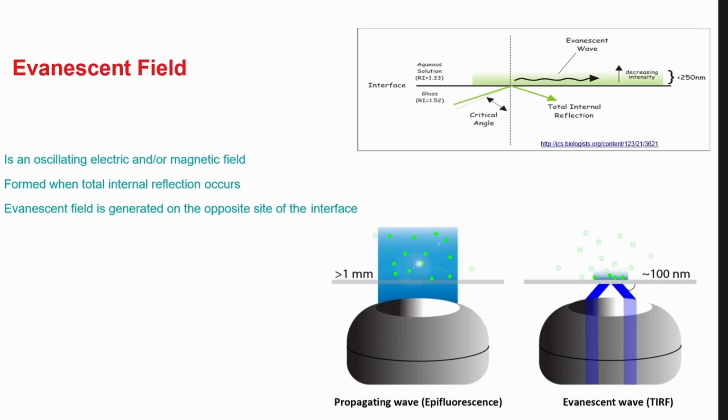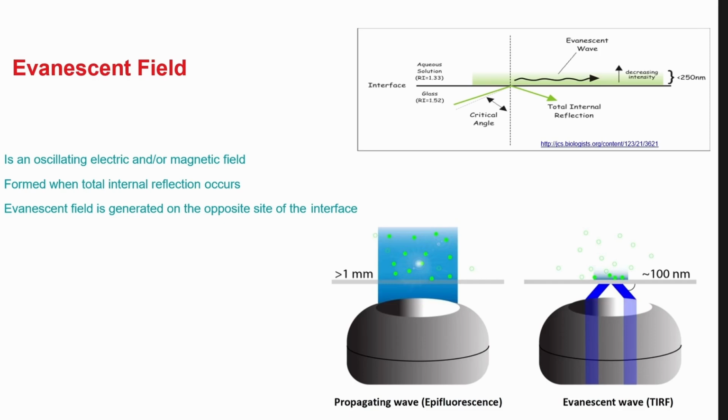So this way, if you have a regular fluorescent microscope and you buy a so-called TIRF lens, total internal reflection microscopy lens, this lens allows you to illuminate at an angle rather than perpendicularly. If you set this up, then you will have on your microscope for free 100 nanometer axial resolution.